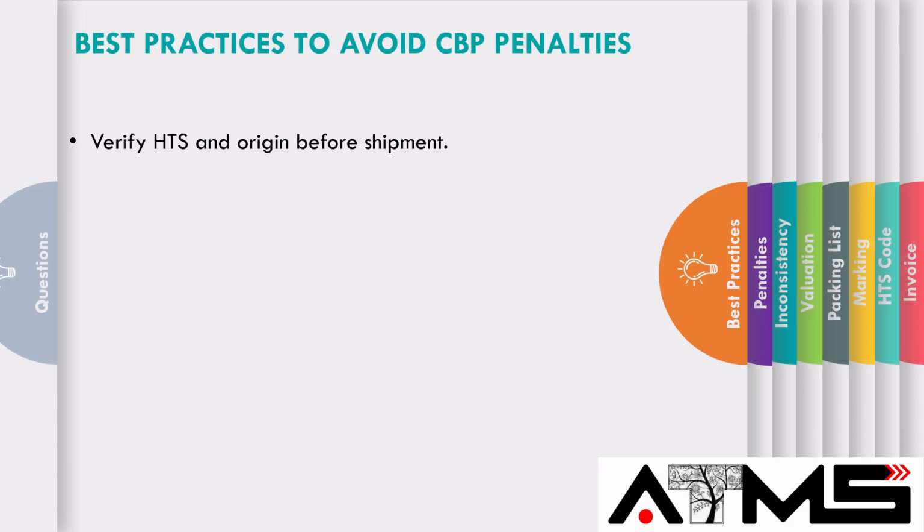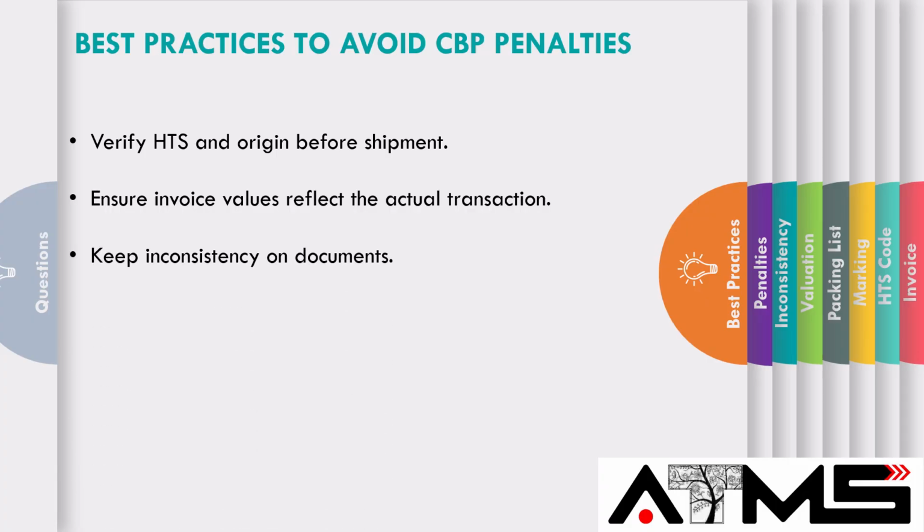To avoid costly penalties, please follow these key preventive steps. First, verify the HTS code and country of origin before shipment. Confirm that the commercial invoice reflects the actual transaction value and terms of sale. Ensure consistency across all import documents and double check for missing details.